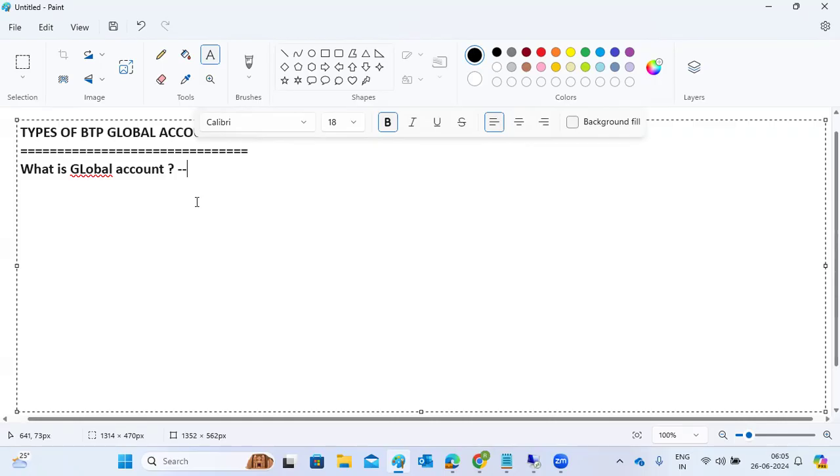So what is the use of the global account? The global account is used to manage the subaccounts, like the diagram we drew yesterday. It manages the subaccounts, members, quotas, everything. The global account means the cloud BTP account we get from SAP.